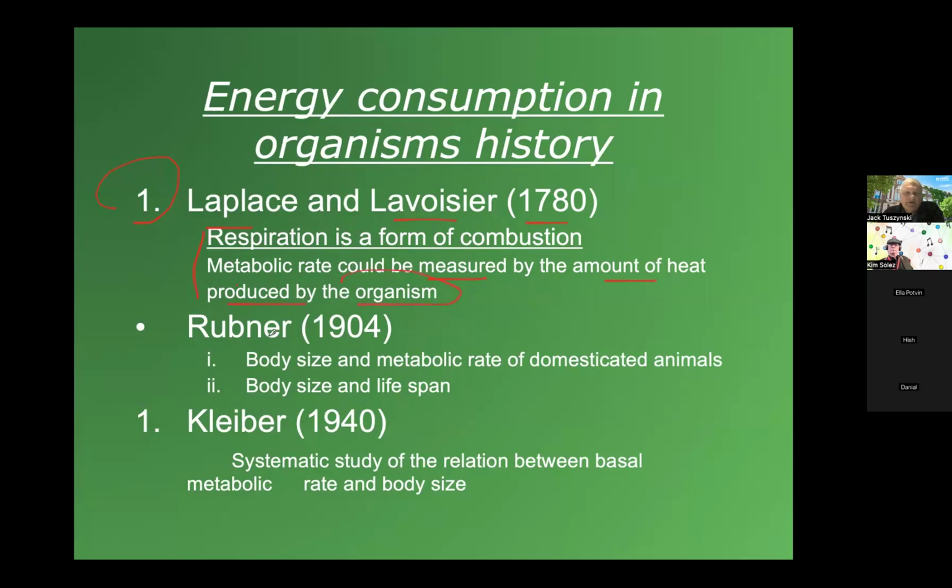And the question was then refined by Rubner and later on Kleiber, in terms of how these amounts of energy can be related. So energy transduced per unit of time, which is power. In physiology, the term used is metabolic rate. How that is related to the size of an organism, and some other things such as lifespan.